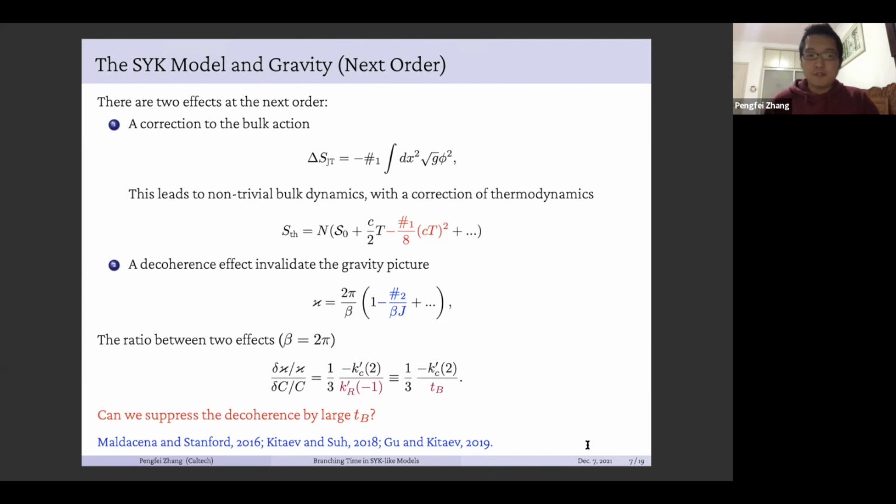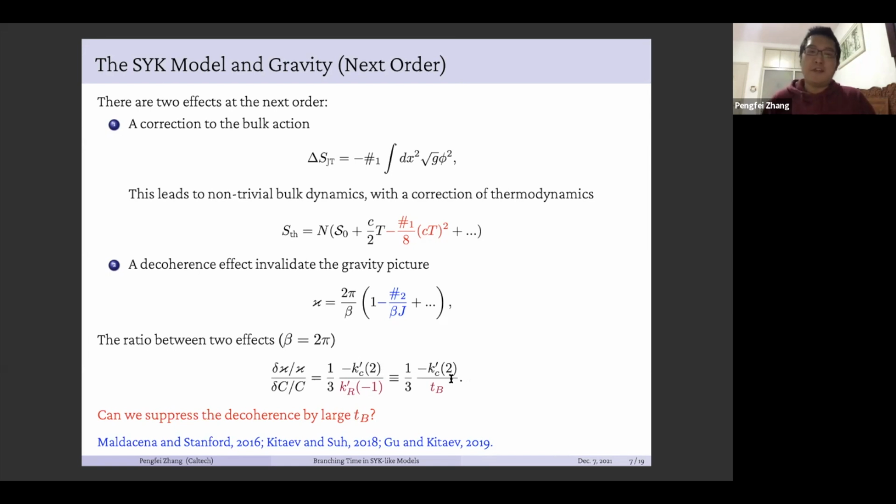It is also defined in the previous paper by Pengfei and Alexei that the derivative of the retarded kernel is called the branching time. So in the original SYK model, we can just work out the value of the derivative of the conformal kernel and the value of the branching time, and they are just some constants which are of order 1.